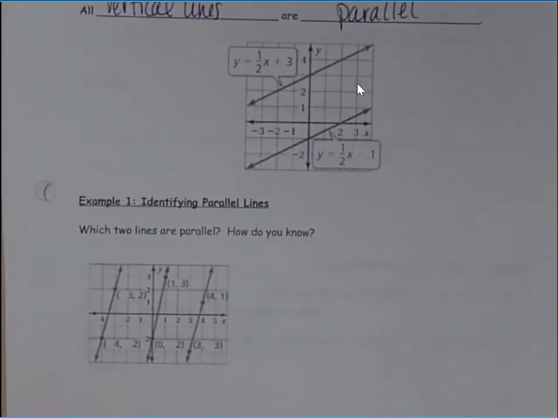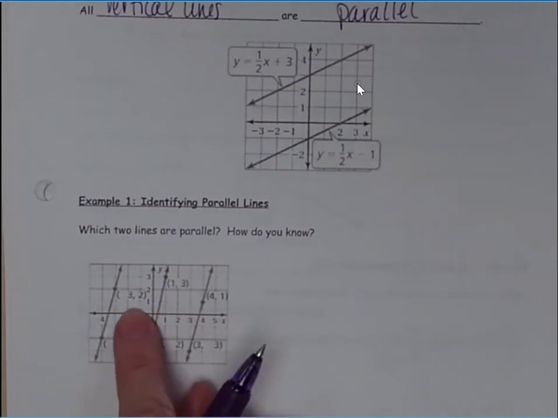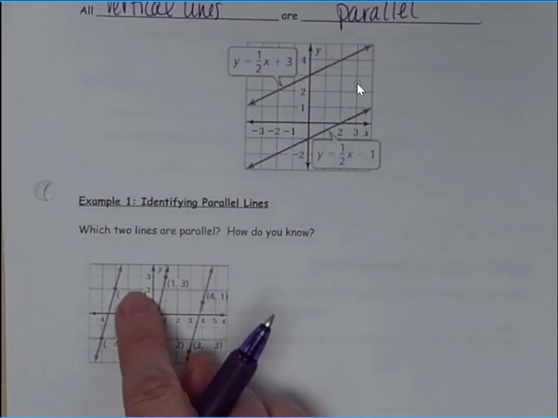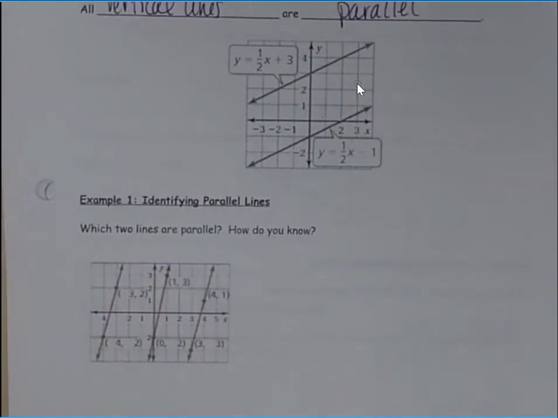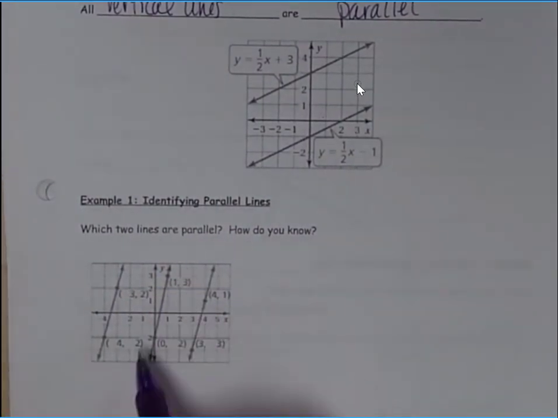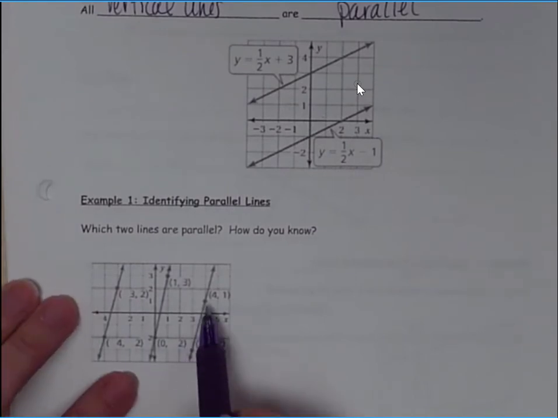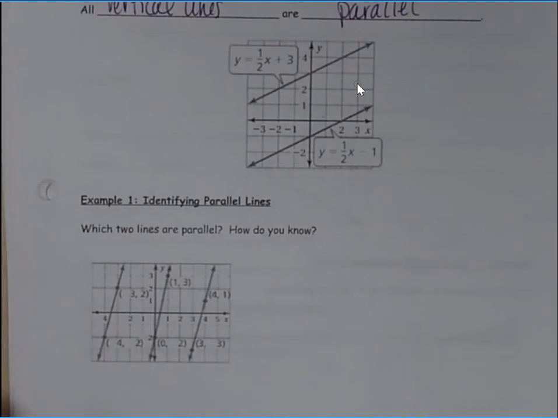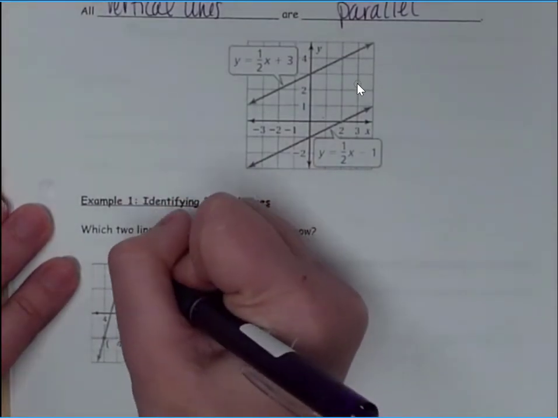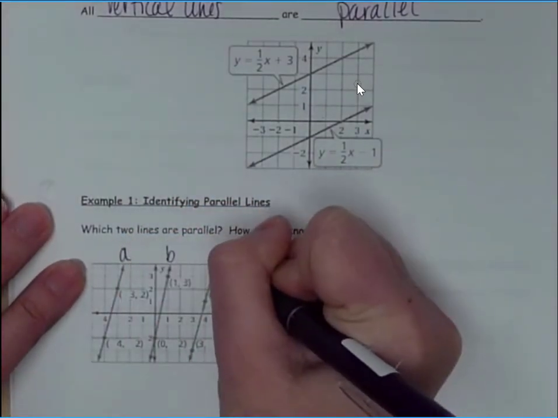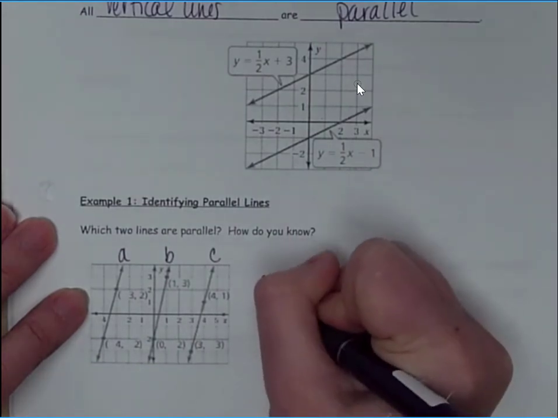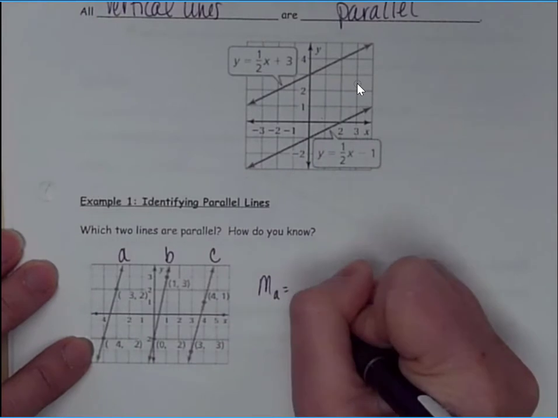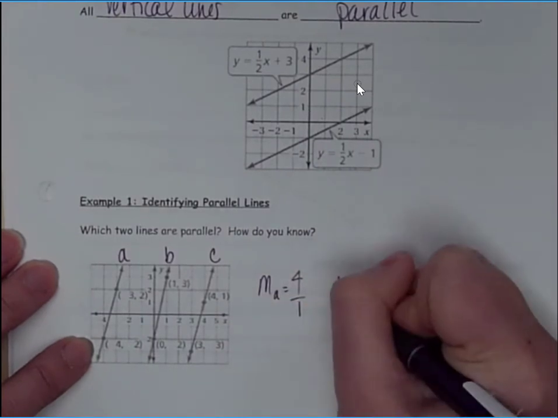So let's take a look. Now, these lines to me all look parallel. Now, none of them cross within this window, but if they extend, we may not have parallel lines. It's just right now I'm not sure. So the only way I can check is by finding the slope of the line. So let's call this A, B, and C. If I look at the slope of A, I'm going to go up 4 over 1.